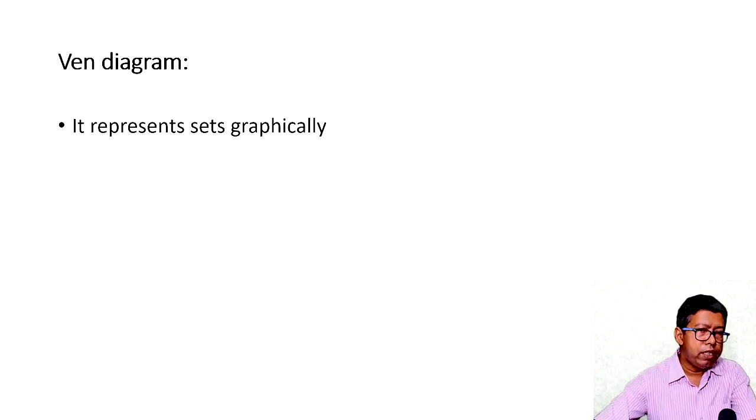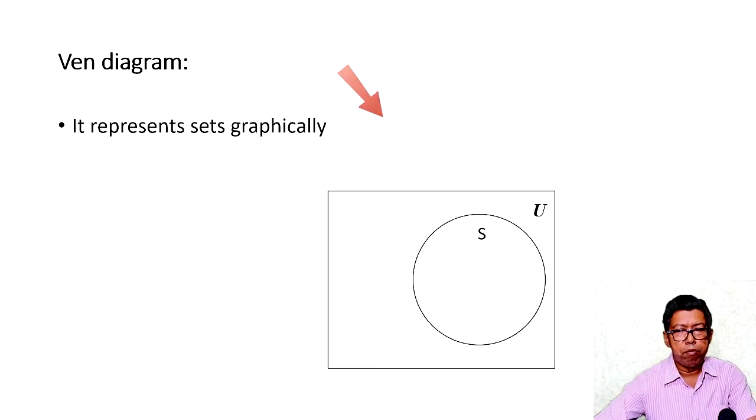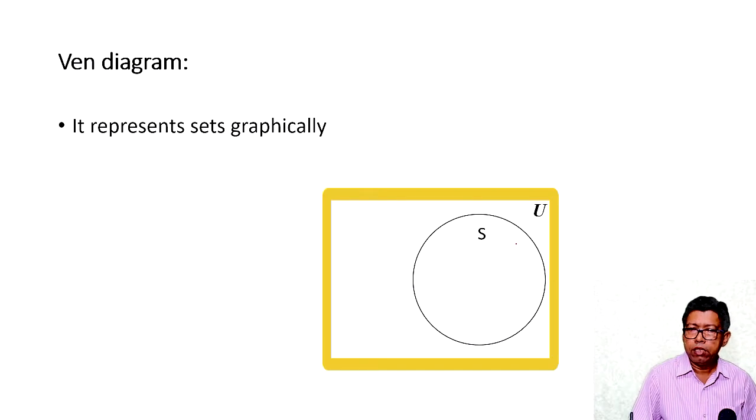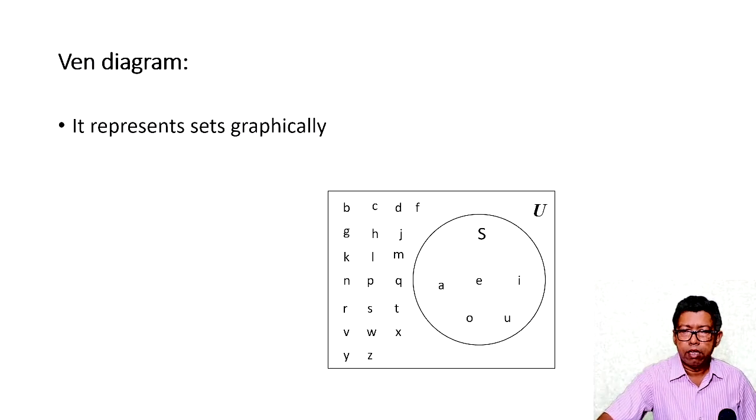When you study set theory, it is sometimes difficult to understand algebraically, so the graphical representation is very important. In this way, you can understand sets very easily. Suppose there is the universal set, and the universal set is drawn in a square form, and the other sets which are subsets of this universal set are denoted by circles.